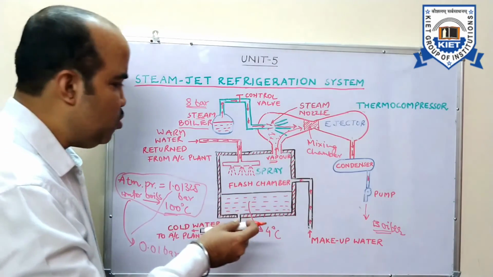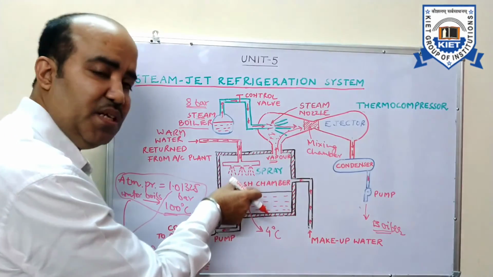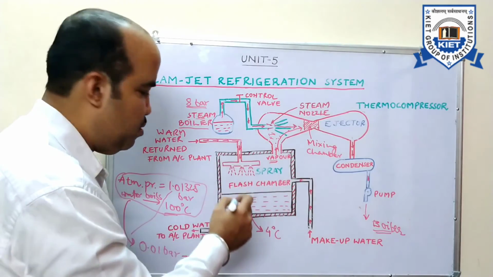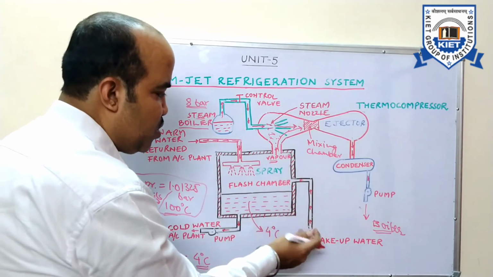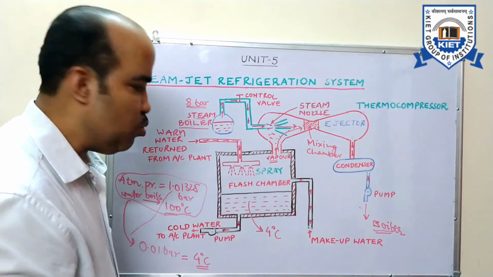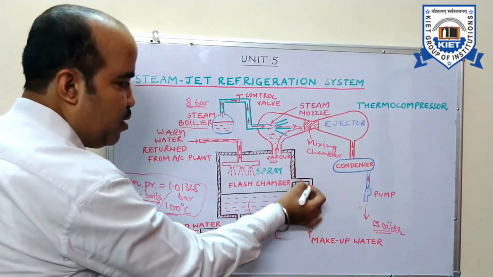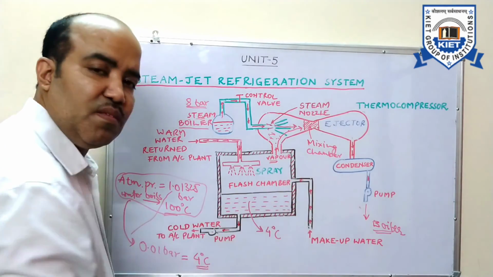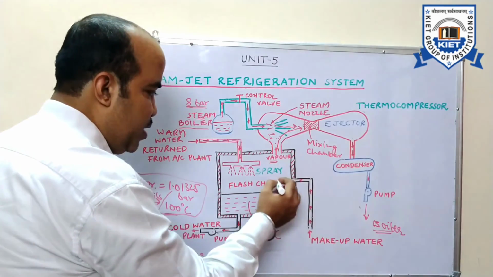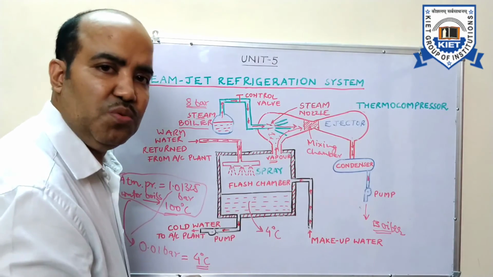As I told you just now, some part of the water gets evaporated in the flash chamber because of the very low pressure over here, so there will be some decrease in the water level. To make up for that, we supply some makeup water through another pipeline, as you can see over here, to restore the liquid level back to its original value.